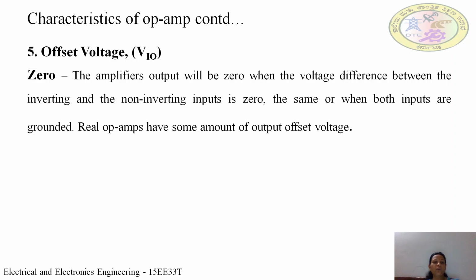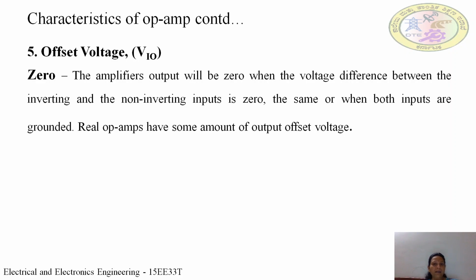Output voltage would be 0 at the output of the operational amplifier, because we know that operational amplifiers amplify the differential voltage applied at the two input terminals of the operational amplifier.